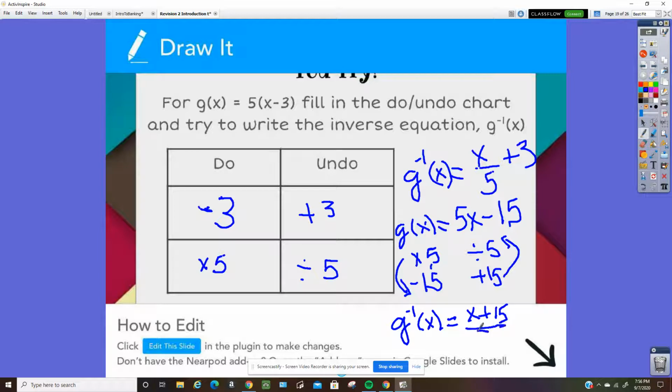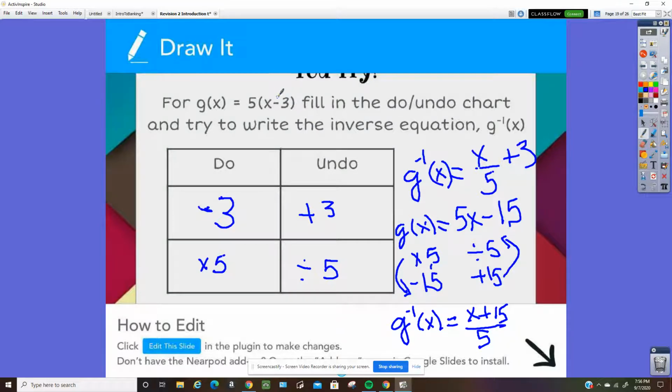Well, if you look at these two functions, they're actually equivalent, because if I divide both of these terms by 5, I have x over 5, and 15 divided by 5 is 3, with a plus sign in between. So these two inverse functions are the same, but the do and undo table would be different if I did the distributive property first.